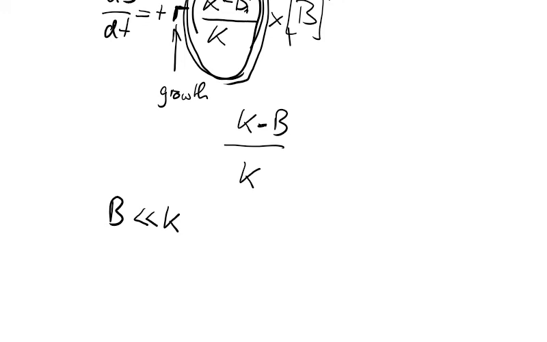So if B is much, much smaller than K, we probably can even forget B. We have K over K, which gives us 1. So we would have B final equals B initial times e to the plus K R T. That's our normal logistic growth.